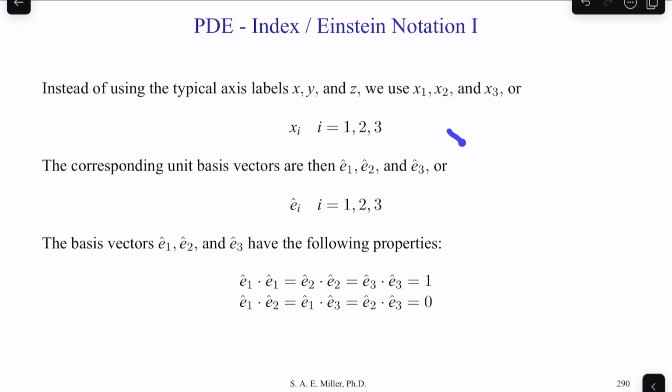So this is kind of the basic Calculus 3 vector type thinking. So then these unit or basis vectors, as we might call them, we'll write as e sub 1 hat, e sub 2 hat, or e sub 3 hat.